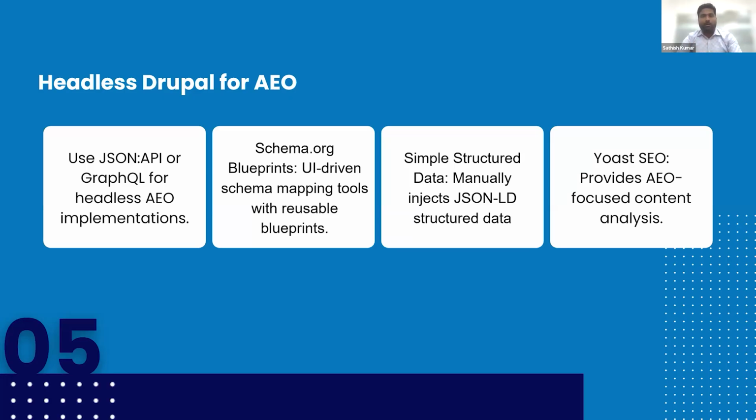You can use the schema markups and simply structure data. You can manually add that structured data on each of the pages if you want. That's a module that is used. And Yoast SEO has right now started providing support for AEO content also.